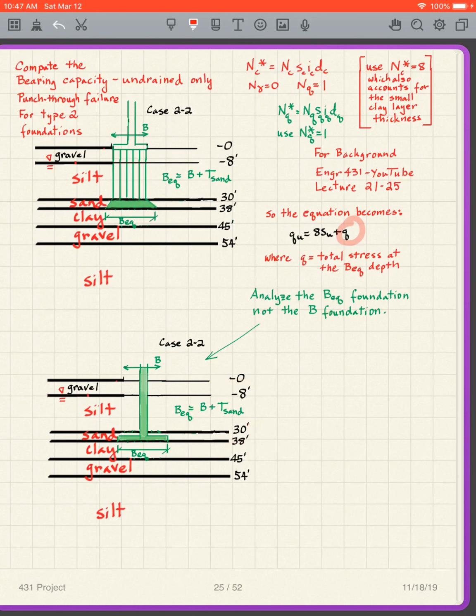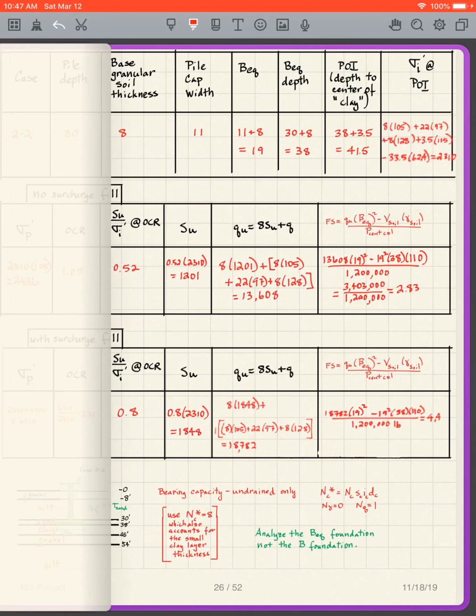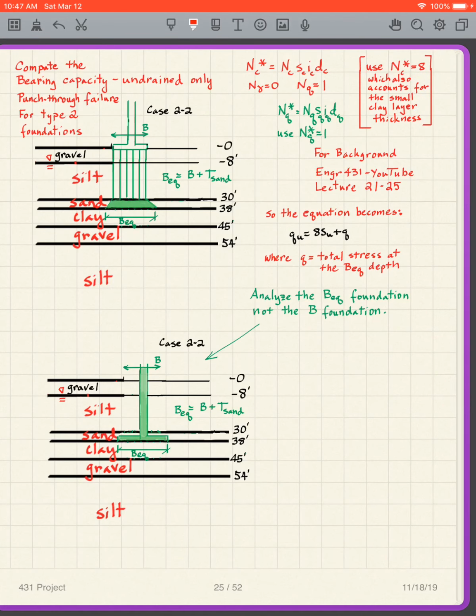Okay, so what does that look like for a case? We're going to use this table. I'm going to calculate it for case 2-2, where the pile depth is 30, the base granular soil thickness is 8. That is the thickness of the sand layer right below the piles, that it goes to the top of that sand layer.